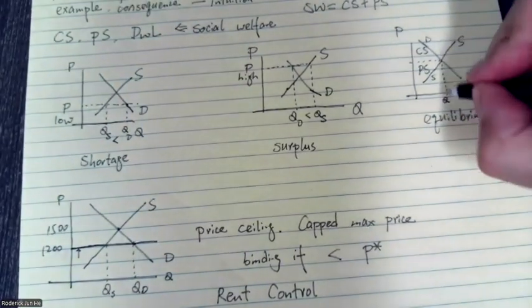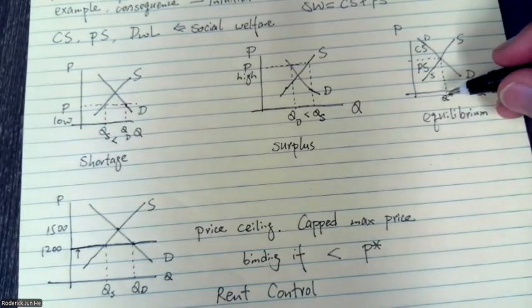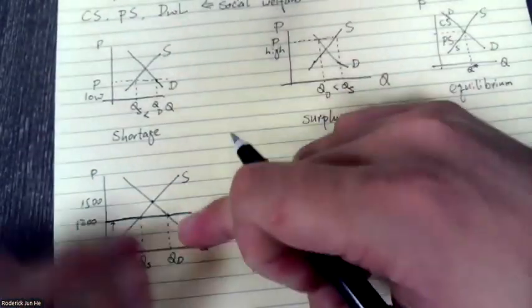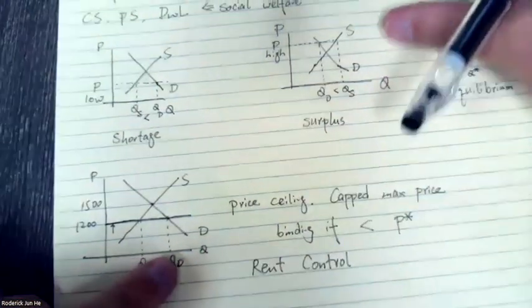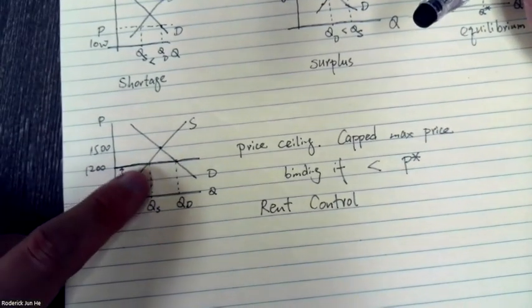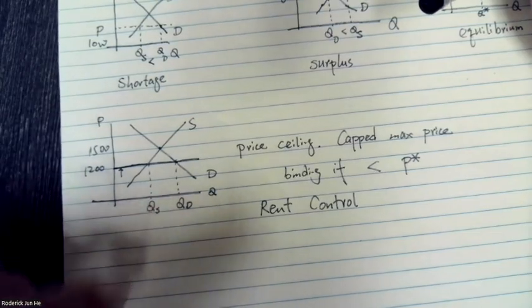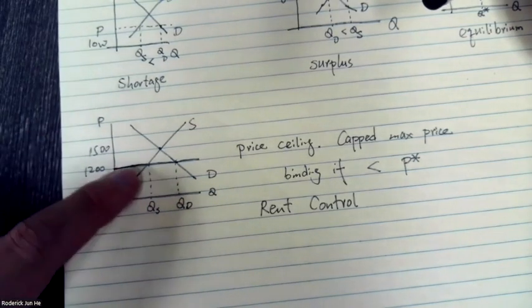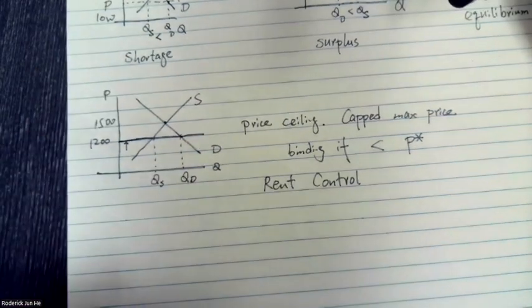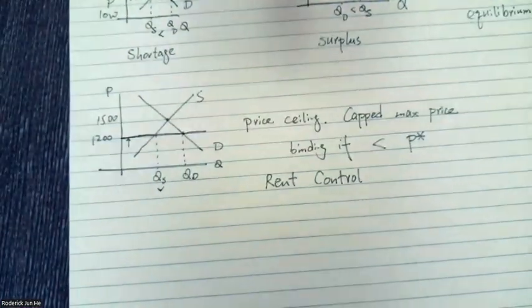And in the market equilibrium, indubitably, it's the equilibrium quantity. But in here, we have two candidates, quantity demanded, quantity supplied. Which one should be the actual how much products being sold, being transacted in this case? Well, it is supposed to be the lower one.